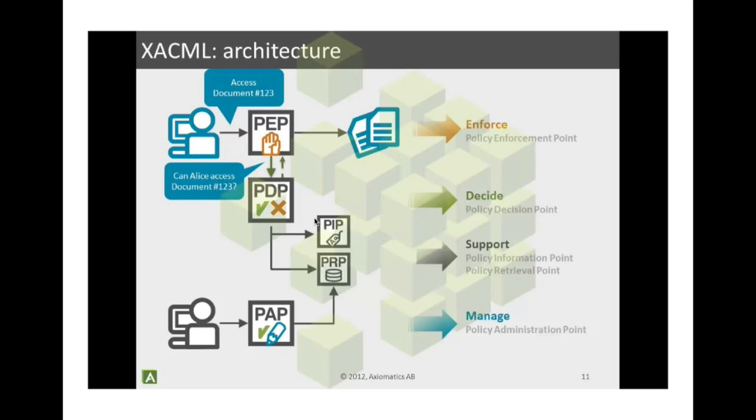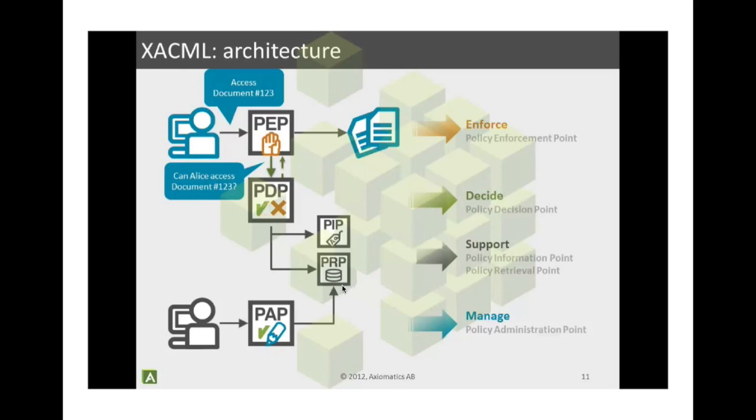What does the policy information point have? This part will have all the information from the environment, all the attributes that it can collect. And what is the policy retrieval point? It is the policy that the policy decision point will follow.